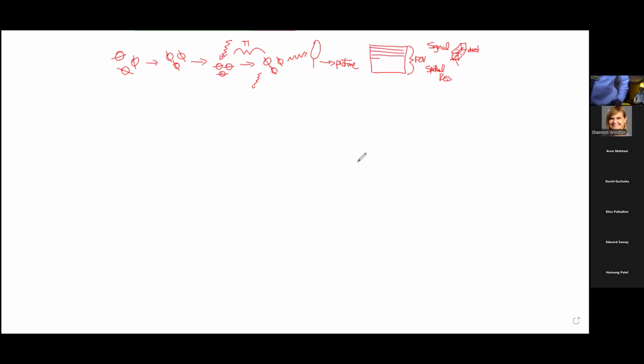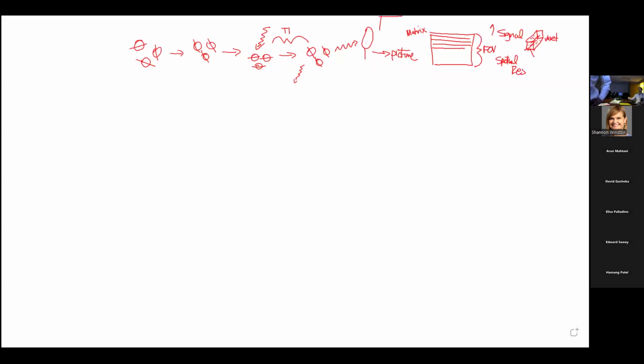The number of lines was our matrix. If we have big pixels, big voxels, then we have lots of signal, but low spatial resolution. And if we have little pixels, we have low signal, and we have high spatial resolution.